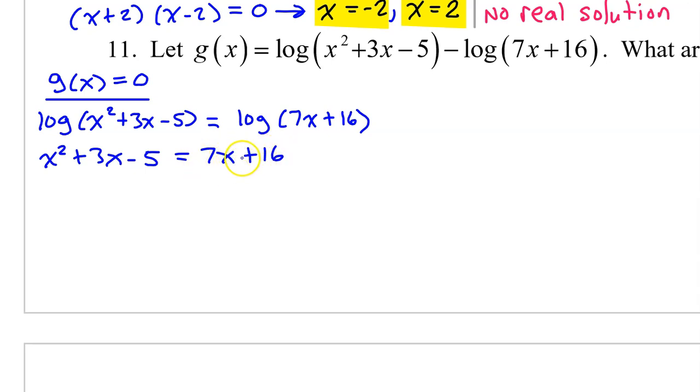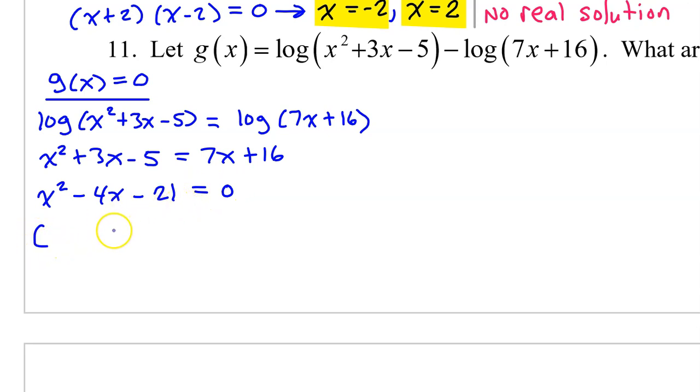Let's get 0 on one side. I am bringing down the x squared, and I'm subtracting 7x from both sides. So that will leave negative 4x on the left. Subtracting 16 from both sides leaves negative 21 is equal to 0.